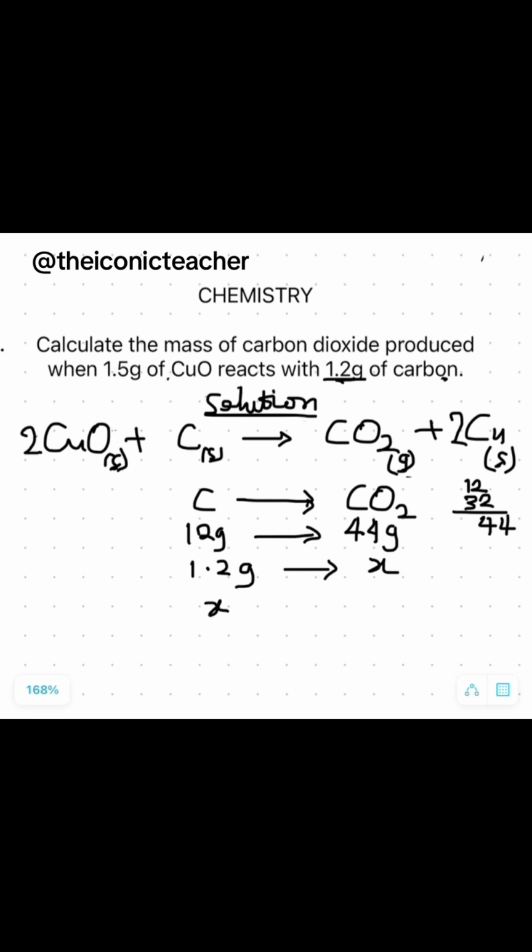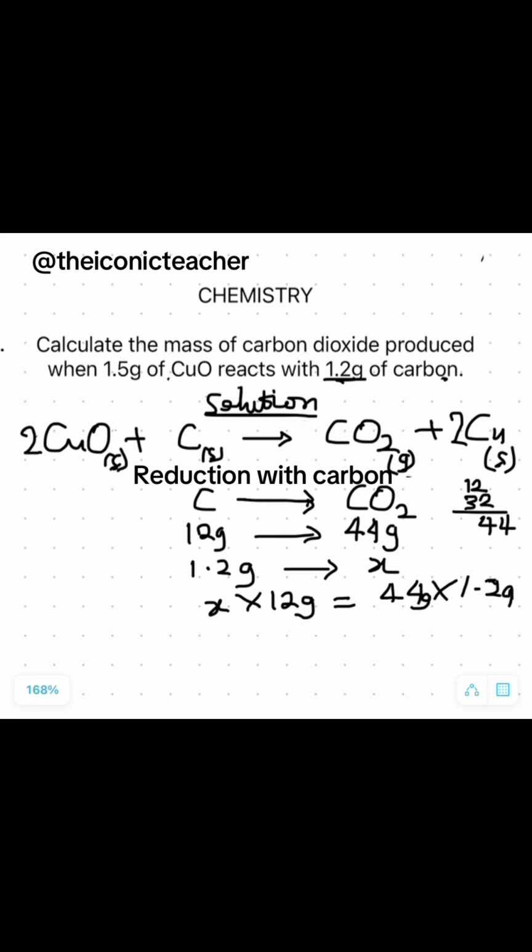So x times 12 gram equals 44 gram times 1.2 gram. So to get our x, we make x the subject of the formula: multiply by 1.2 gram divided by 12 grams.